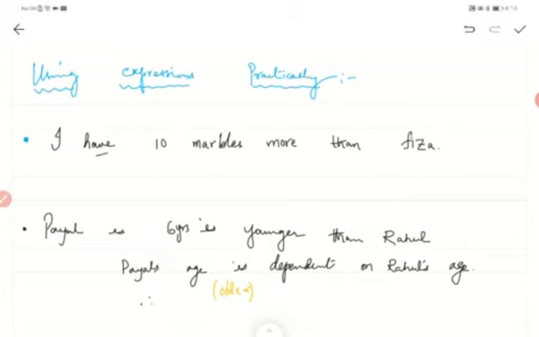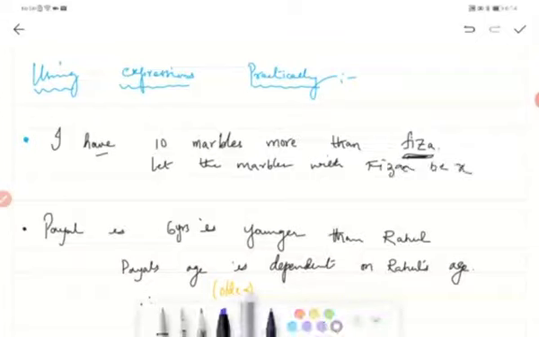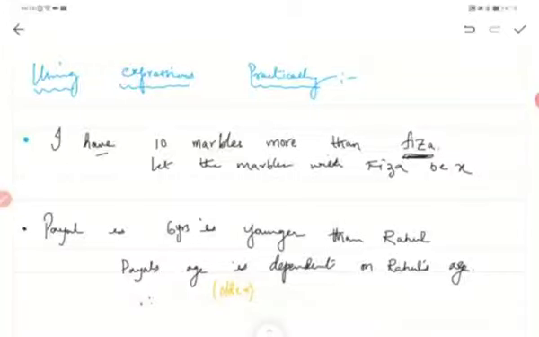I have 10 marbles more than Fiza, meaning I have 10 marbles more than Fiza has. So how many marbles does Fiza have? We don't know, right? The marbles with Fiza is unknown. So for that I will take, let the marbles with Fiza be x. Okay, so now I can write an expression for the statement.